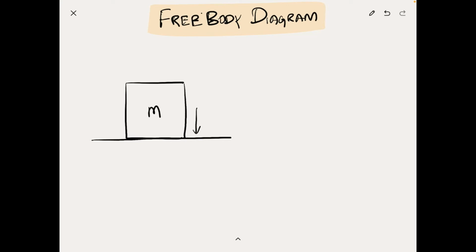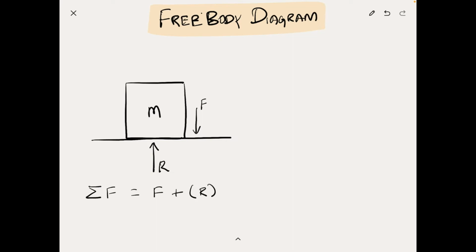And this body is also in contact with the surface, so the surface would give some reaction force back. So let us consider the force due to gravity to be F, and the reaction force from the surface below to be R. There are no more forces acting on this, so let us calculate the net force acting on the body. So net force, summation of F, is equal to F plus the reaction force.